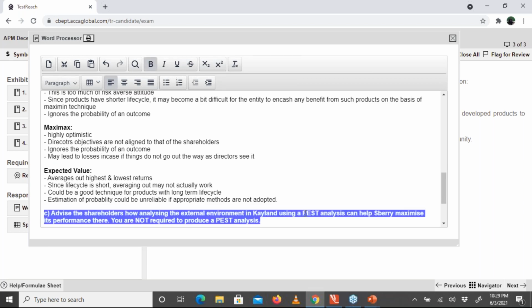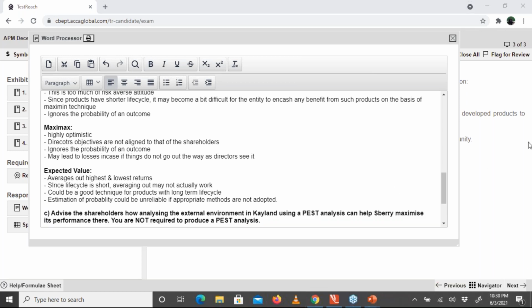Can you just let me know what the examiner is asking us to do with respect to this part of the question?